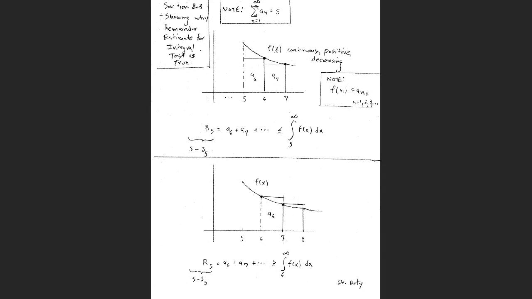What I'm trying to do is motivate how they get the remainder estimate for the integral test. So just relax and don't take any notes on this. S is the sum of our infinite series.